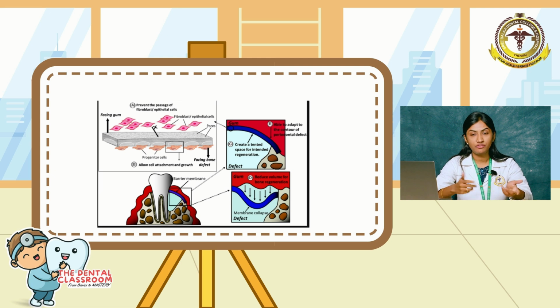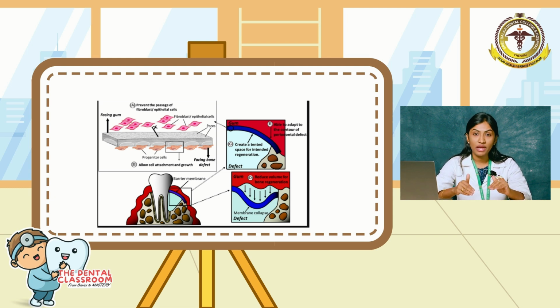So what happens when the membrane is placed this way? If the porous layer is placed towards the flap, it will exclude epithelial cells and fibroblasts. This prevents the fibrous type of maturation or reparative process, which is not needed for periodontal regeneration. So this is a very important layer.